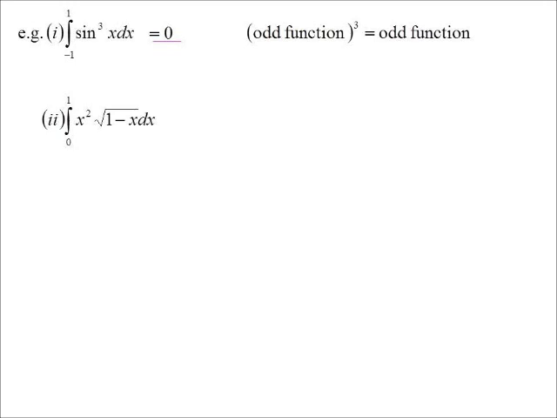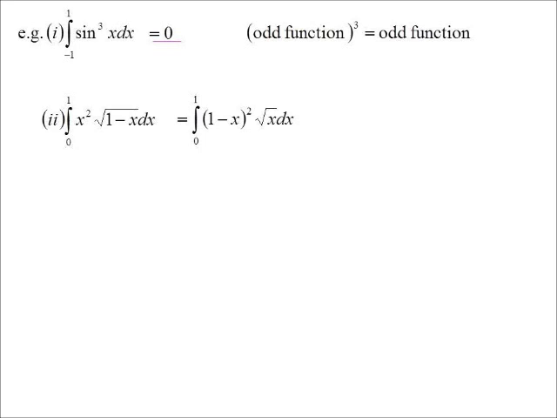Okay, integral from 0 to 1 of x squared times the square root of 1 - x. This is where I'm going to use that last idea. Because, you see, you've got the square root of 1 - x. But I notice, look, it's going from 0 to 1. So everywhere I see an x, I can replace it with 1 - x, which means I'll get the square root of a single term underneath.